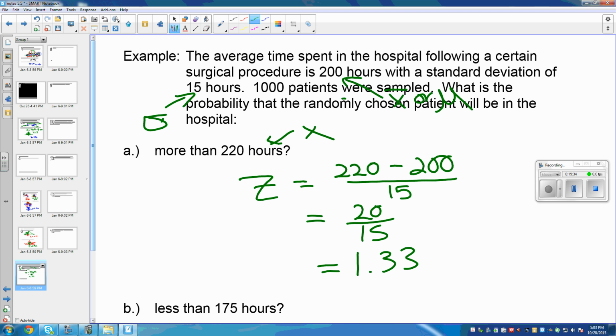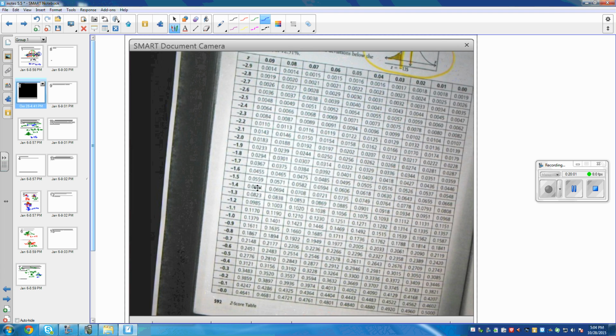We want to know more than 220. So that's actually over here, right? More than. When we look up our value, we're going to get what's on this side. So we're going to have to go 100 subtract whatever we get. So back to our little chart here at 1.33. I get 0.9082.